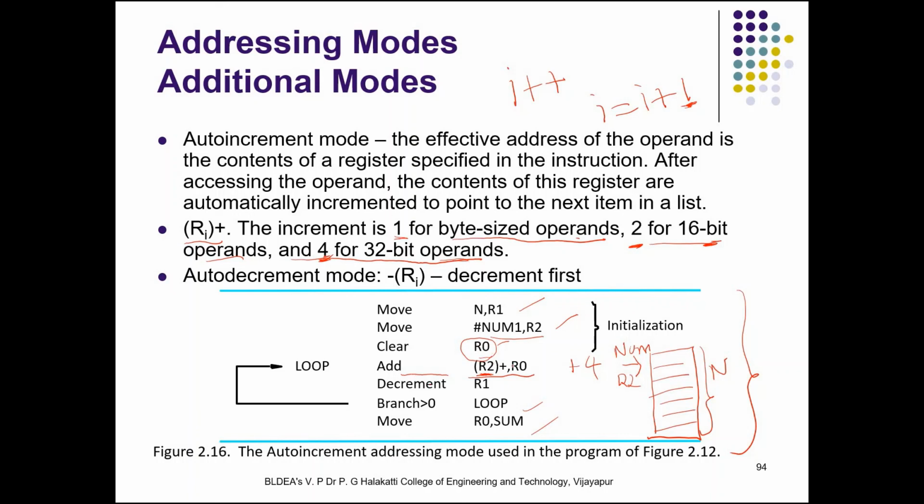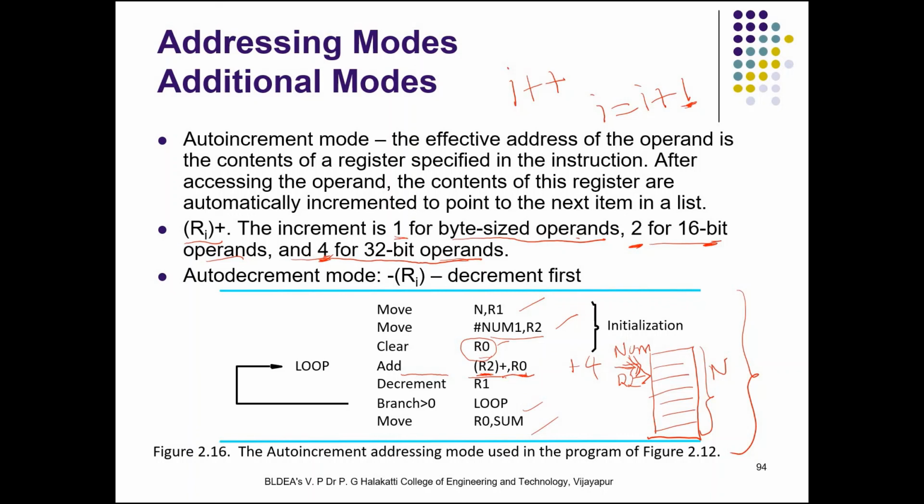So initially, the content of the memory location pointed by R2 is added to R0. Now after performing addition of the first number, it should point to the second number. So we are doing auto increment.